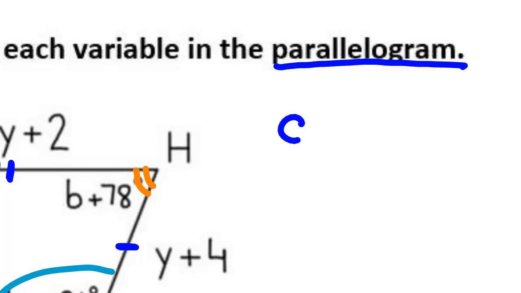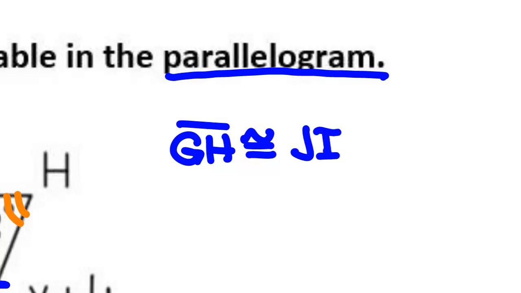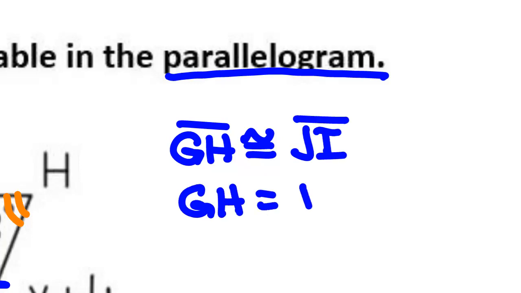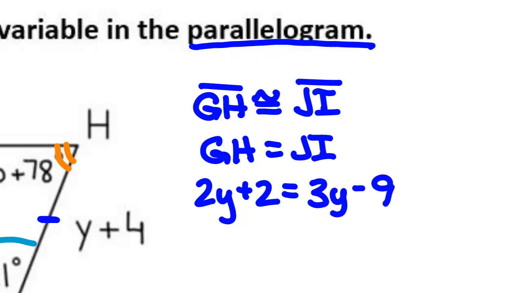So GH is congruent to JI. That means that segment GH is equal to segment JI. GH is 2y plus 2. JI is 3y minus 9.